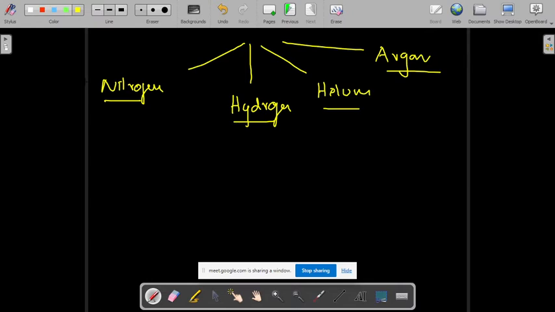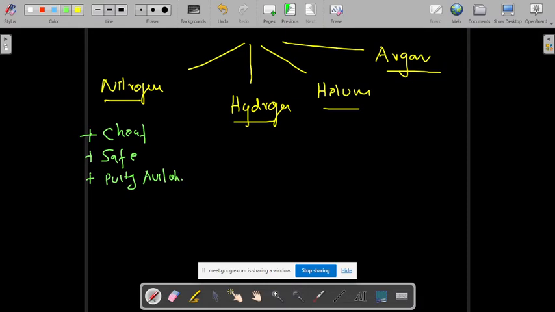If you take nitrogen, the main advantage is it is cheap, as Ganesh initially said. It is cheap, it is safe, and it is available in the required purity.